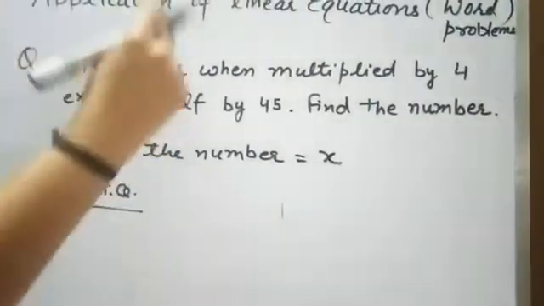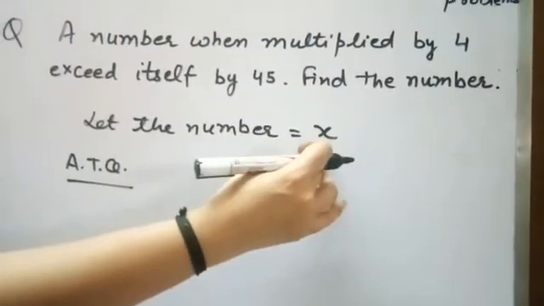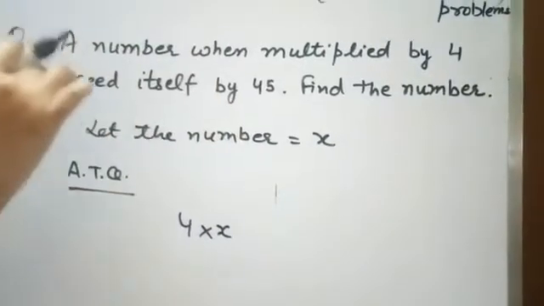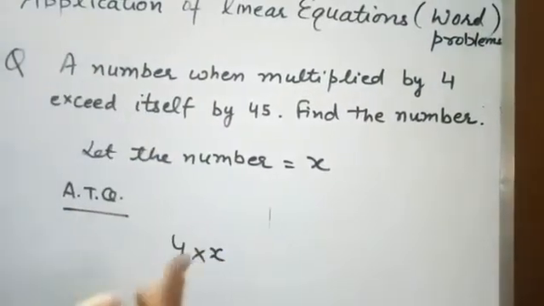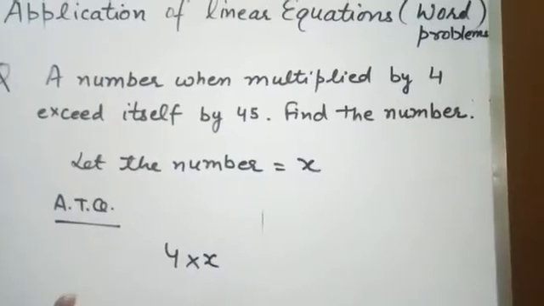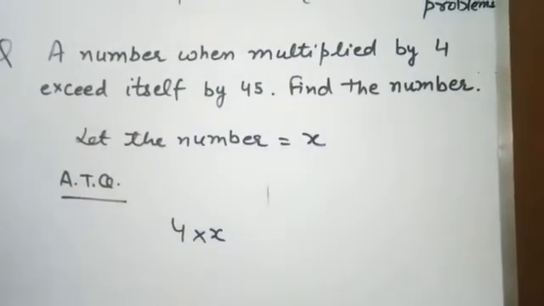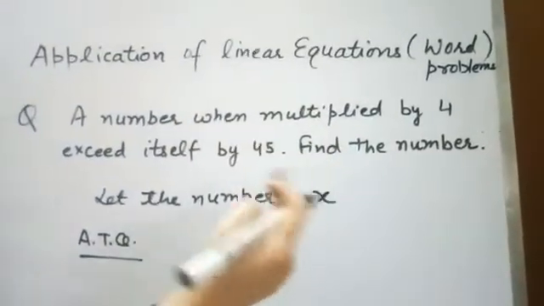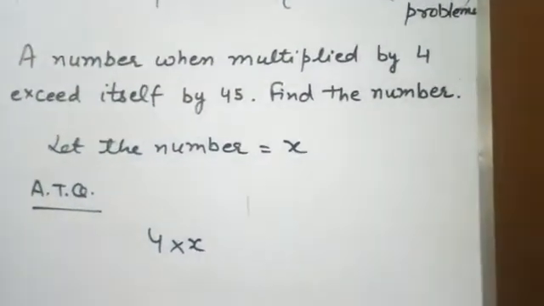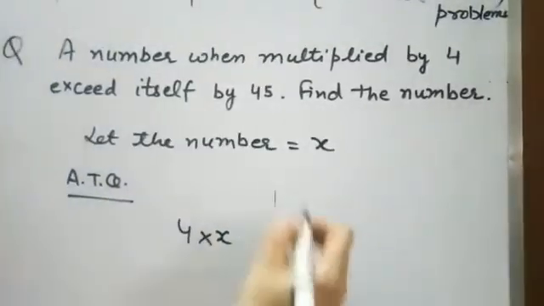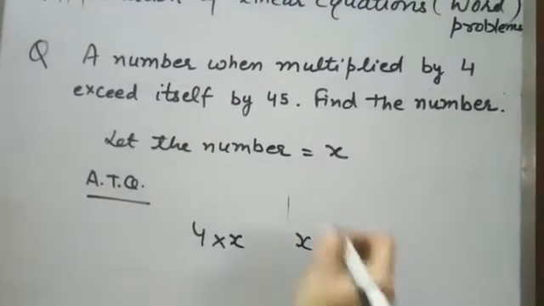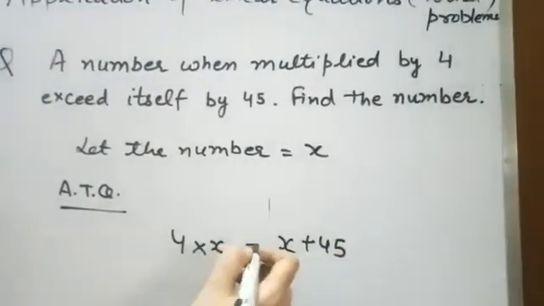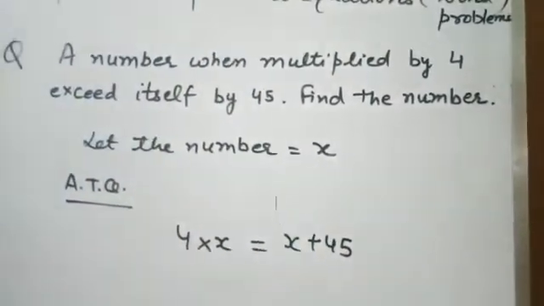A number when multiplied by 4. You have taken that number as x. And when you multiply this number by 4, it exceeds itself by 45. That means that number will increase by 45. That number is x and it exceeds itself, so you add 45 to that number and the equality is formed.